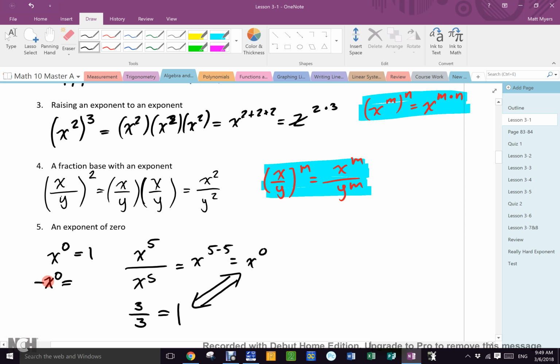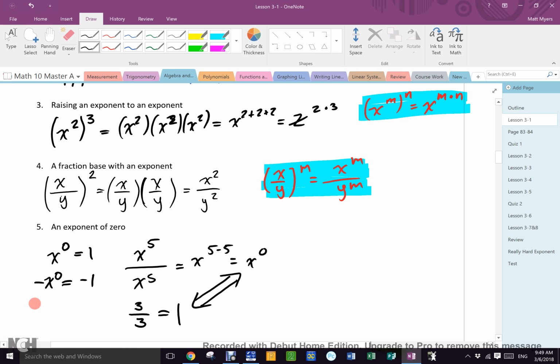X. So what's the answer? -1. Why? Because the x is the base. And any base to 0 is 1, but then there's a negative out in front.